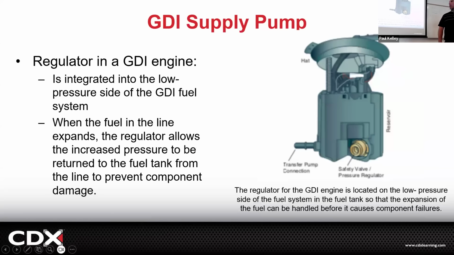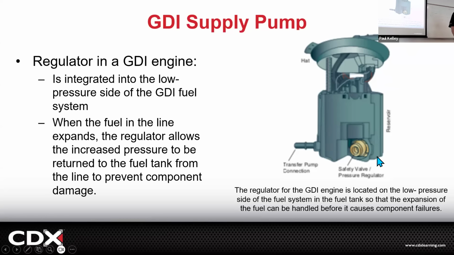And then if we talk about the regulator, now here's an overview of the system. We've got, this looks like the same fuel pump as port fuel, but all this fuel pump's doing is just a supply pump. This fuel pump just generates enough fuel to the actual high pressure fuel pump, which is going to generate the 4,000. All right, so it's going to be real similar to your regular port fuel injection pump.